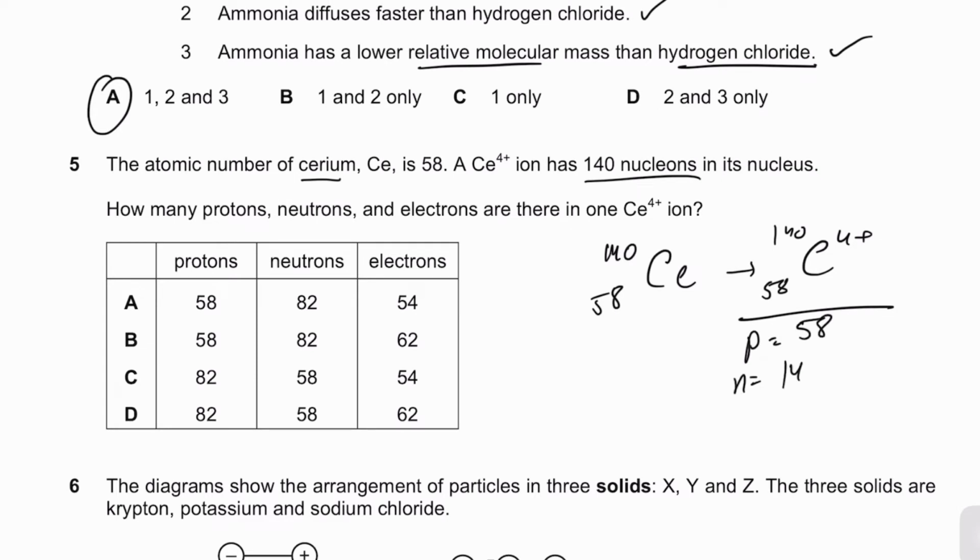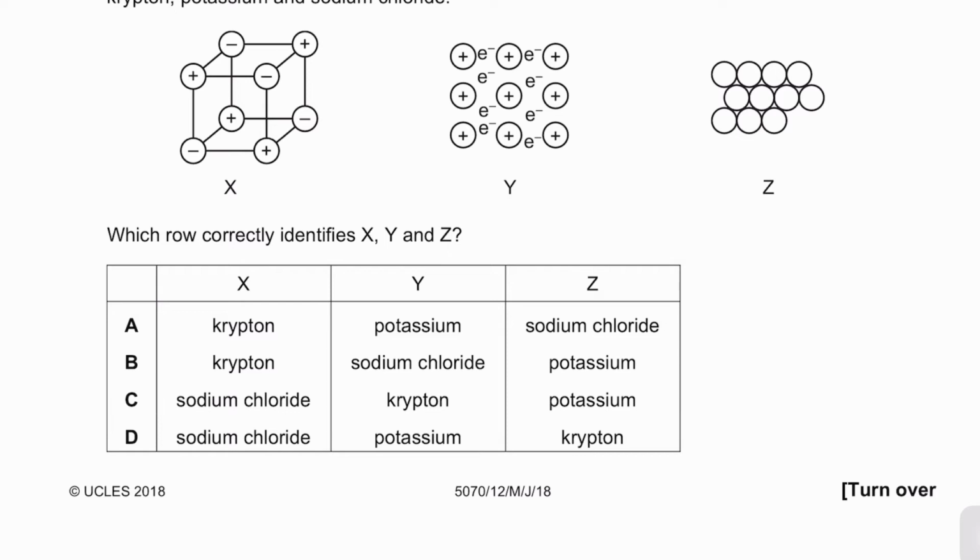The neutrons will be 140 minus 58, which is 82. And for electrons, it will be 4 less compared to protons, so it will be 54. So neutrons is 82, protons is 58. So for number 5, the answer is going to be A.